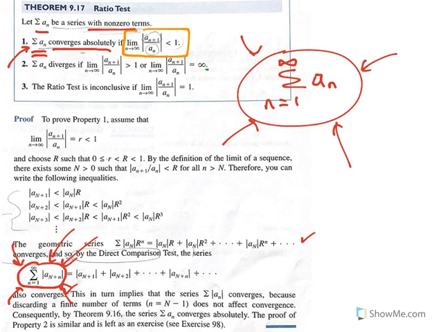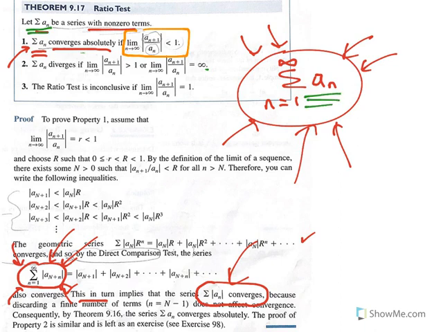So this doesn't make a difference for convergence, because convergence is considering what happens as n goes to infinity. If you're missing a finite number of terms, it doesn't matter. So that's why it states here, thus, this in turn implies that the series here converges. Now, there is one difference between what we were considering in the statement of the ratio test, which is that you have a signed series, and what we are considering here is the corresponding absolute value series.